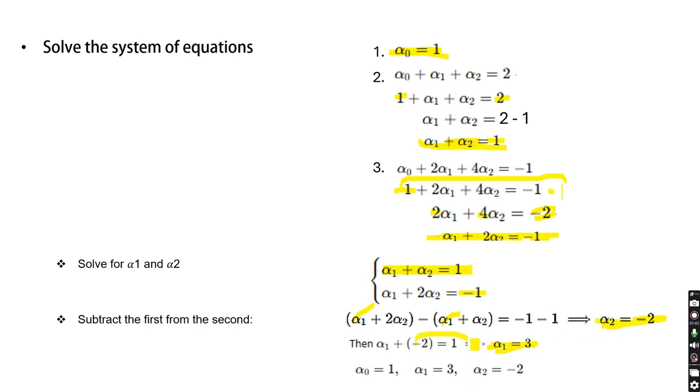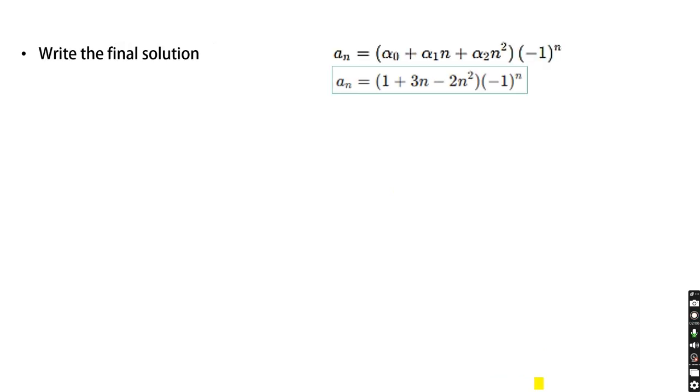Then we transpose it, plus 2. So, the value of our A1 equals 3. Therefore, our values are A0 equals 1, A1 equals 3, and A2 equals negative 2.